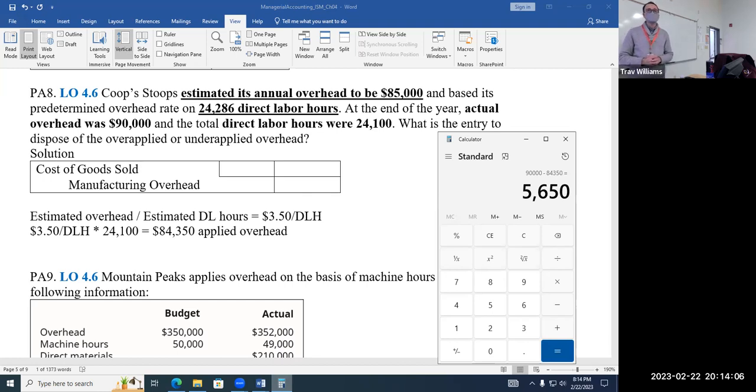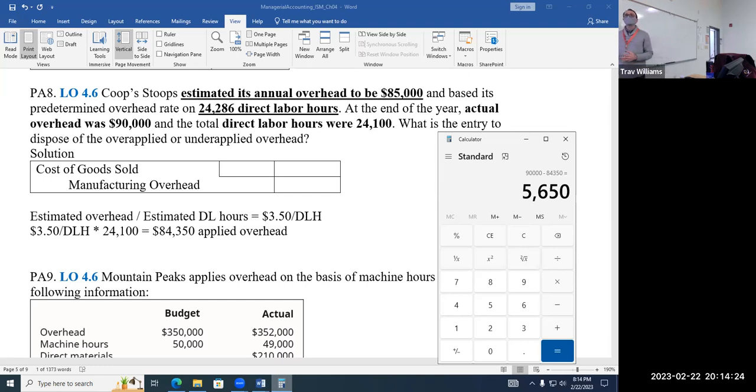So then to fix that, we don't go into each job individually, that'd be too much work, but we do have to update our records. Because we had under applied overhead, sounds backwards, doesn't it? You can also over apply overhead.